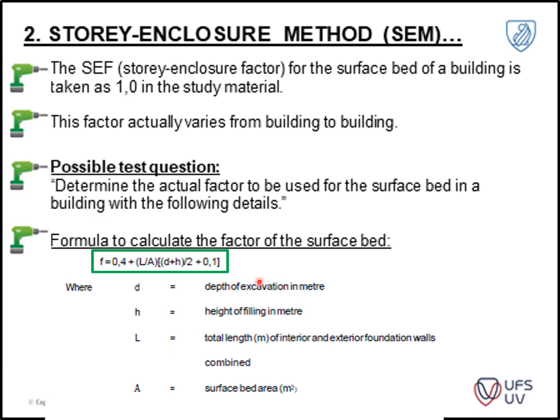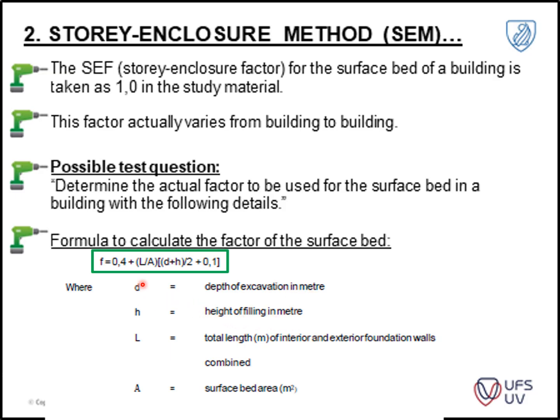The formula to calculate the factor of your surface bed is basically 0.4 plus the total length of the interior and exterior foundation walls combined, that's L, divided by the surface bed area, so you calculate your surface bed area as well, and you multiply that with the depth of your excavation in meters and the height of filling in meters, and then you add 0.1.